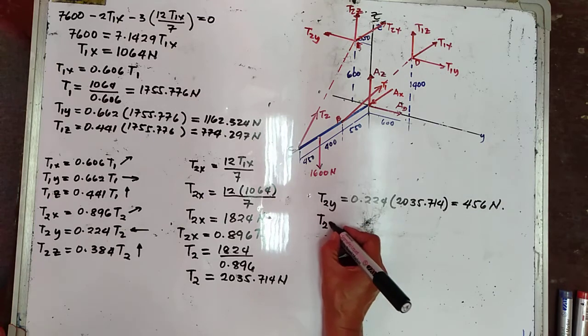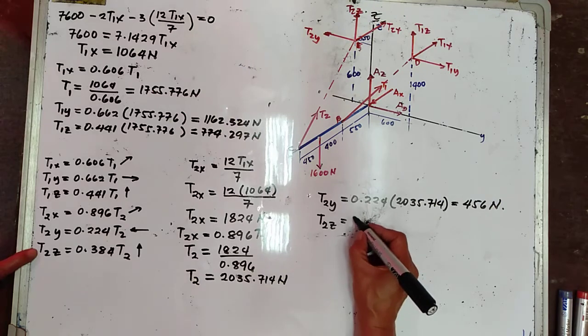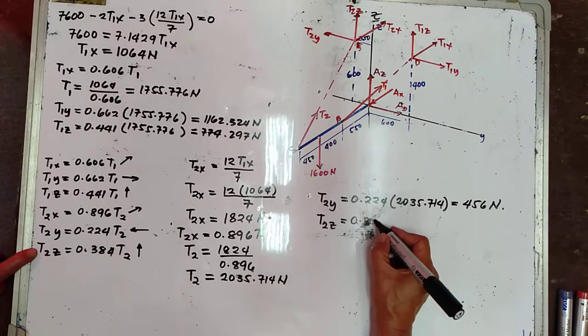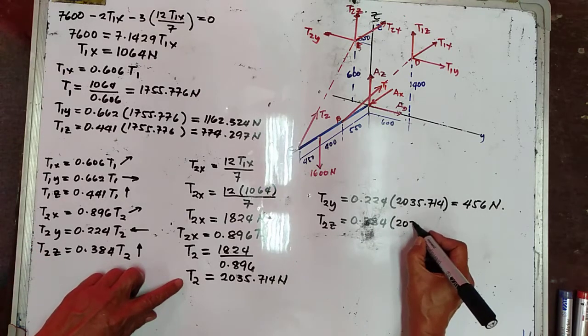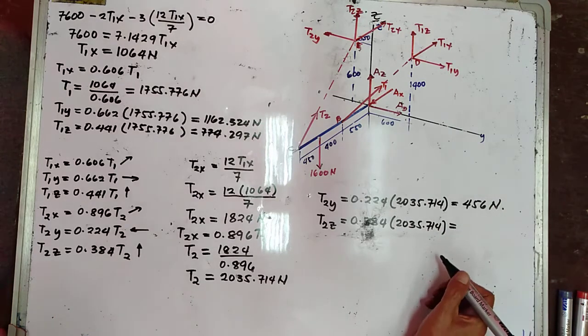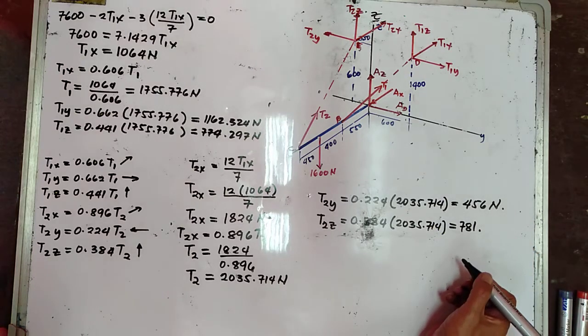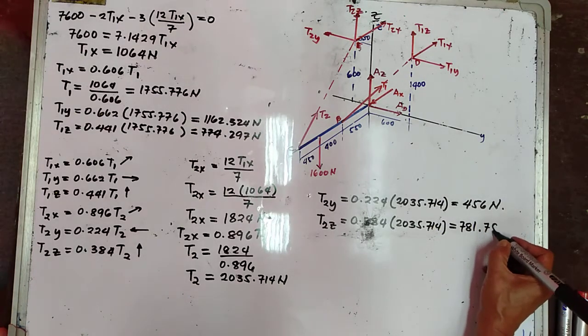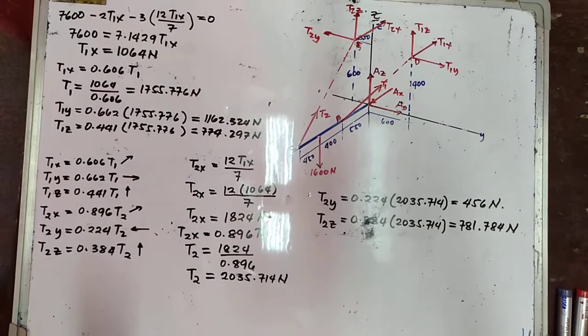And your T2z is equal to 0.384 T sub 2, which is 2035.714, and that is equal to 781.784 newtons. Okay, so those are now the components.